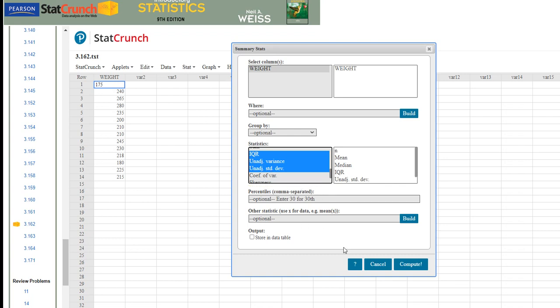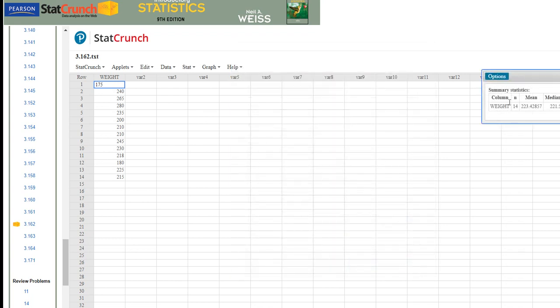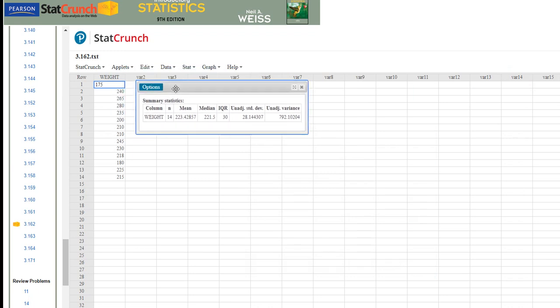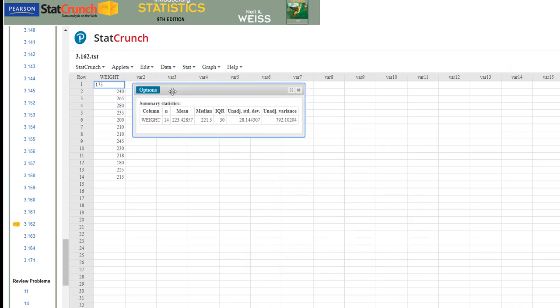But for now, let's just take these numbers and carry them to my notebook. So the population mean, median, IQR, unadjusted deviation, and unadjusted variance is what these are.